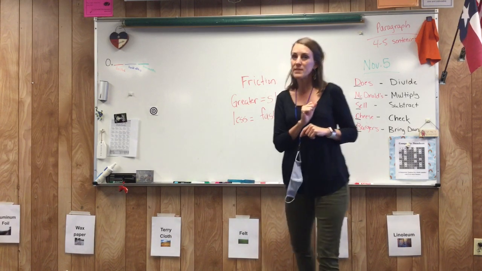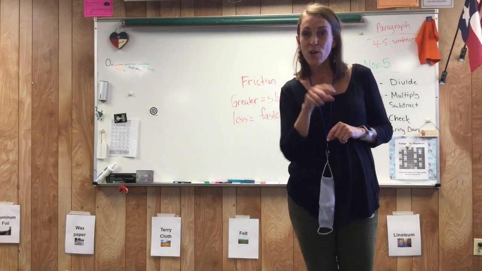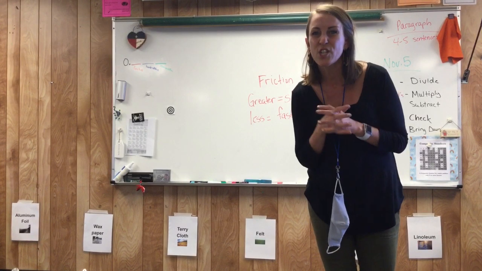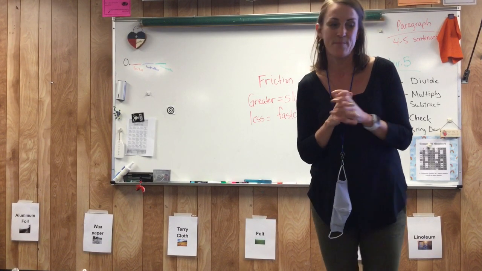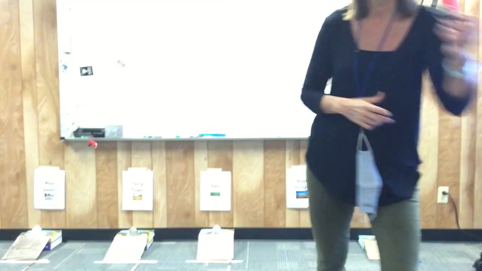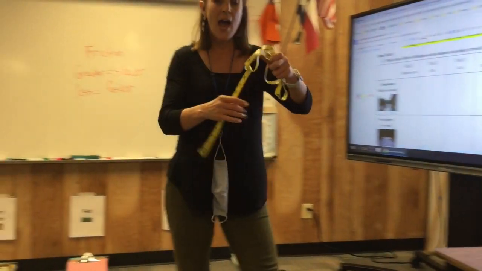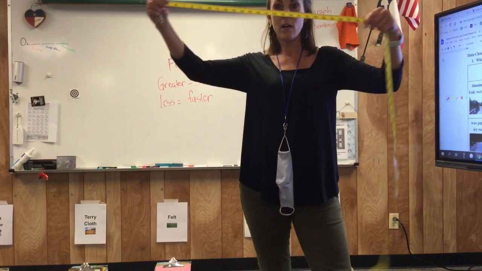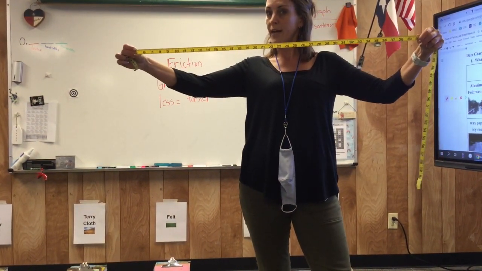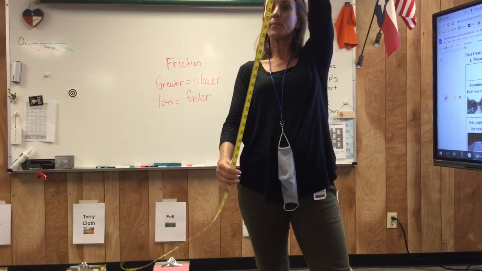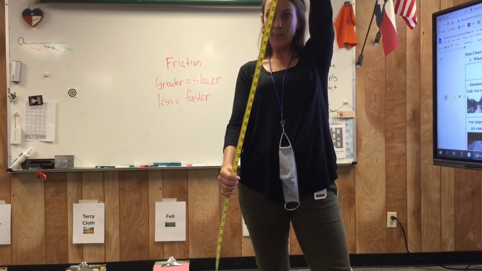So I'm going to show you some materials, and I want you to try to figure out what question we are investigating. So I have a car, one car. I have a ruler, right? Or a measuring tape.